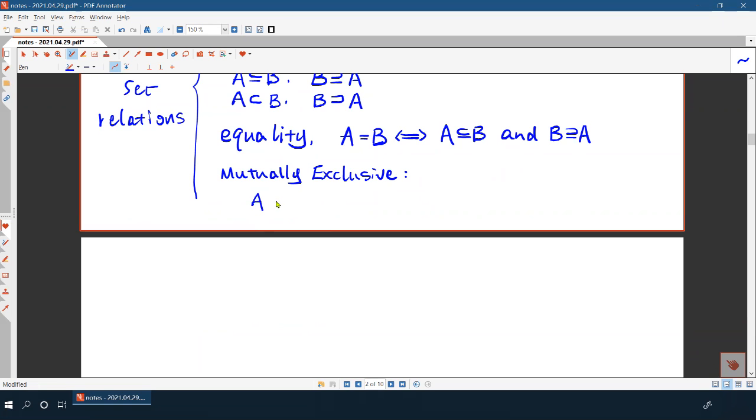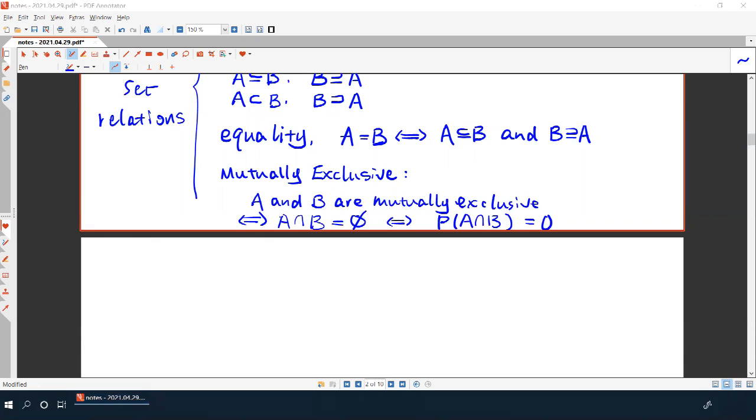So A and B are mutually exclusive is equivalent to A intersect B is an empty set. And this is also equivalent to the probability of A intersect B is 0. So all these three statements are equivalent.